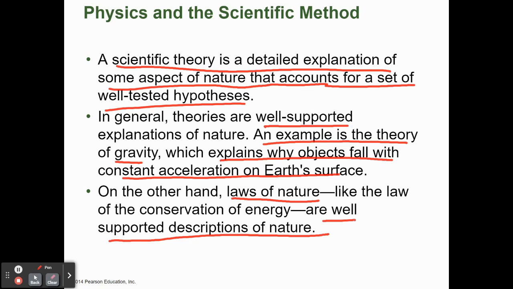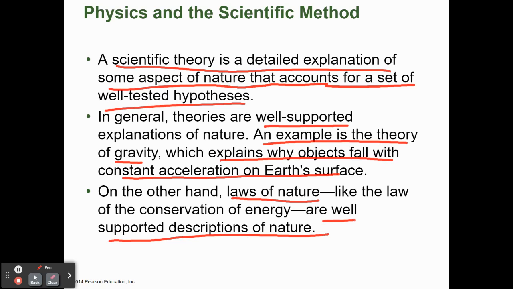So theories try to explain why or how something happens. Laws describe something that's happening. So there's your biggest difference between those two things.